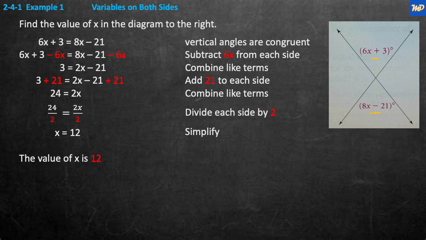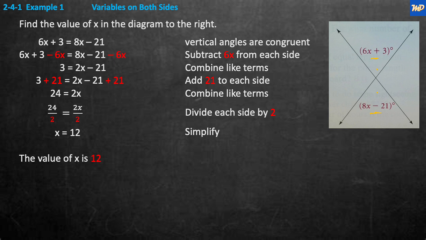So now we can solve it. Because the variables are on both sides, we have to pick one and move it. We're going to subtract 6x from both sides.